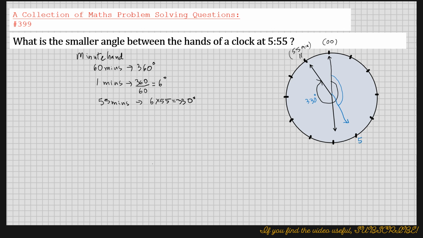For the hour hand, in 1 hour it would move only 30 degrees.